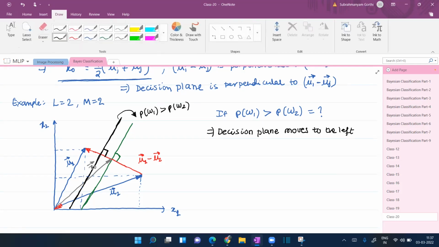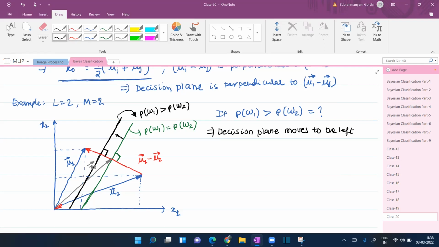And of course, the earlier one is for probability of omega 1 equal to probability of omega 2. I could draw similarly for the other case also. When the prior probability of omega 1 is more, it will move in this direction. In the other case, it will move to the right.